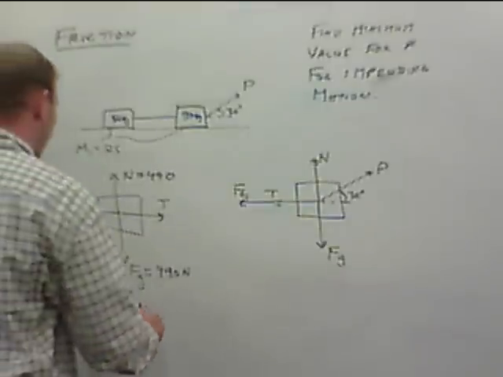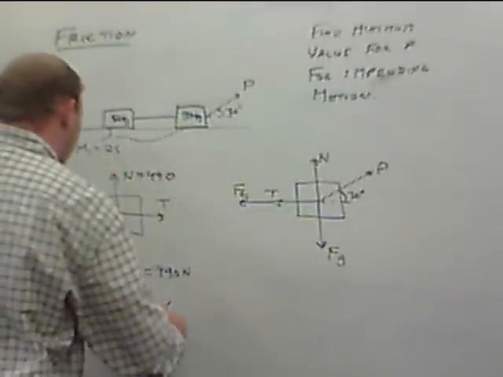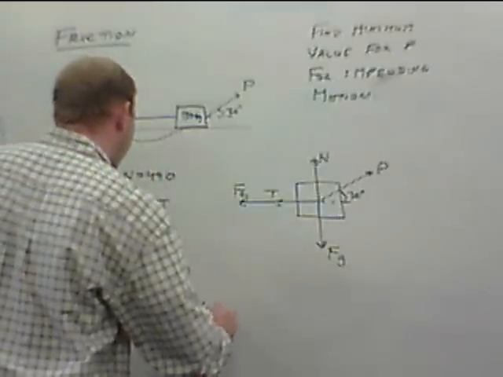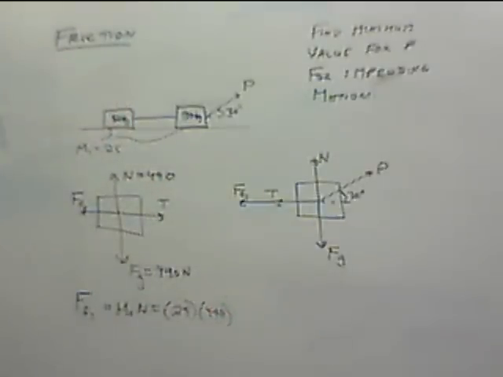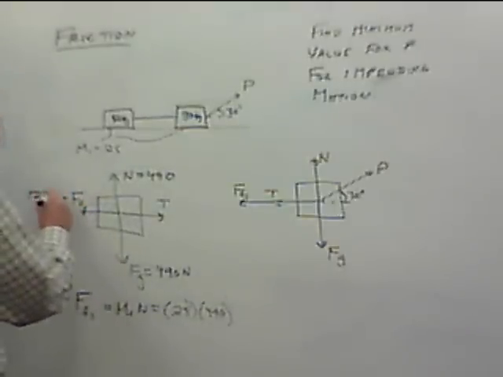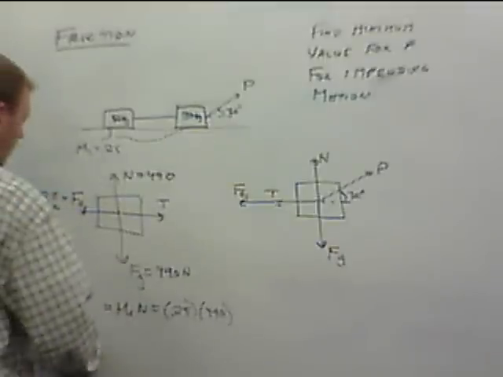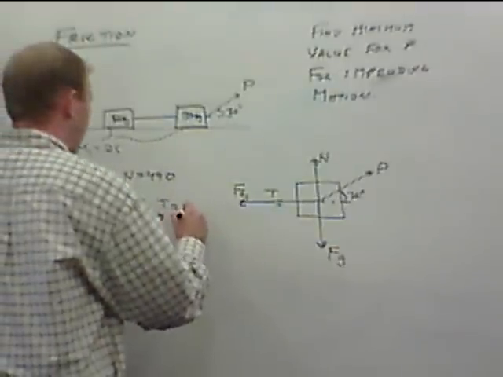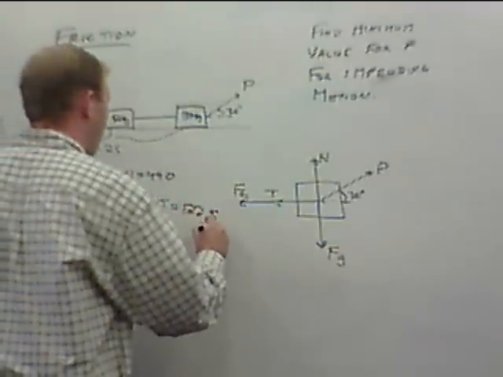So force of static friction is mu s N. Mu s is given as 0.25, N we just found is 490, so that's going to be 122.5 newtons. So again, tension is pulling just as hard as this here. So tension is also going to equal 122.5 newtons.